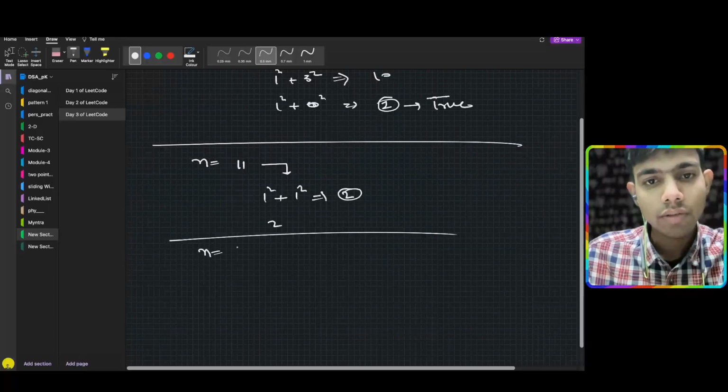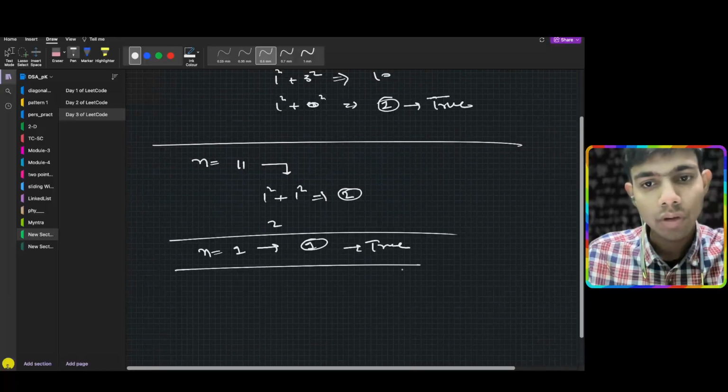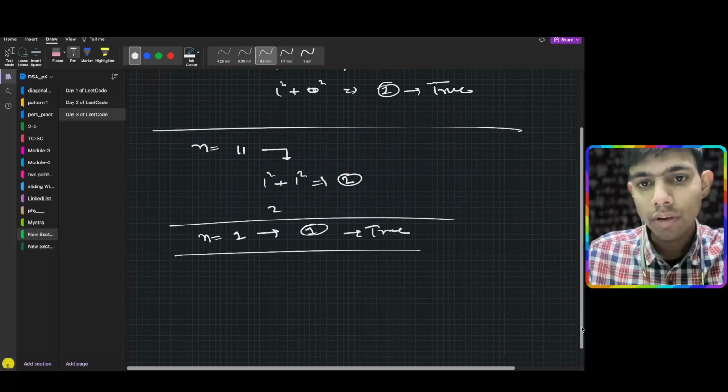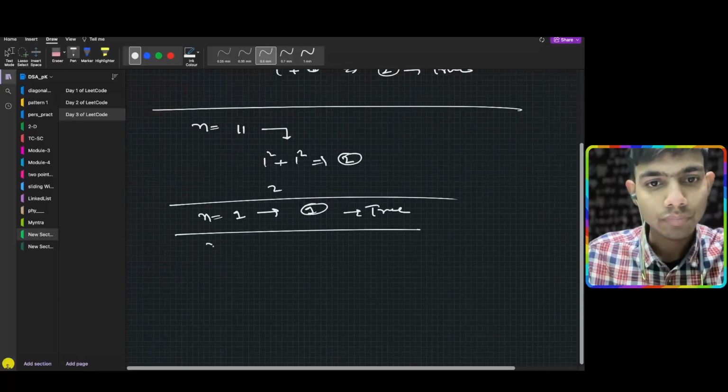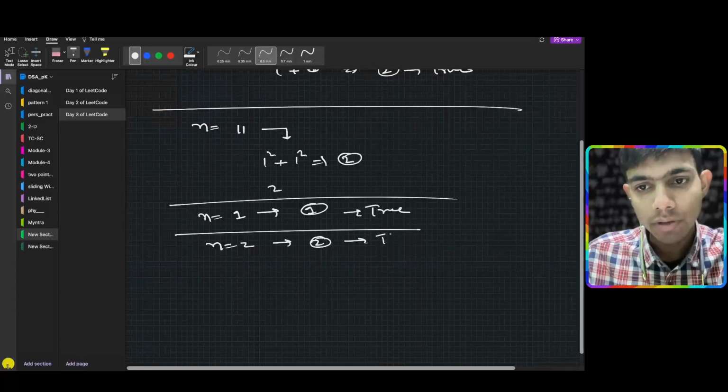If n is 1, that means ending is 1, true. If n is 2, ending is 2, that means false.